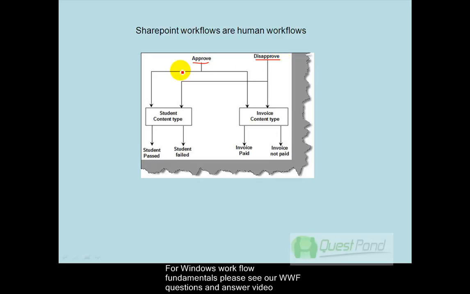Now when you attach this workflow in SharePoint, you need to attach it to a content type like student or invoice. Now what happens is this approve becomes student passed, the disapprove becomes student failed, and in the same way probably for the invoice content type, the approve can become invoice paid and the disapprove can become invoice not paid.